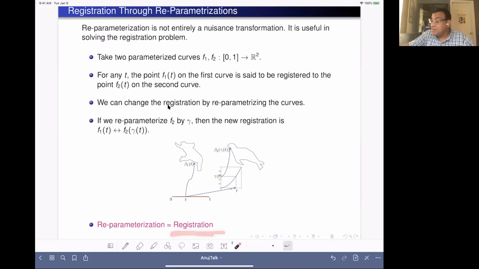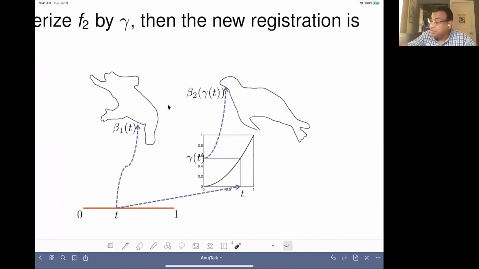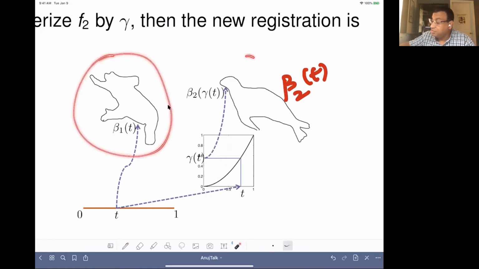Okay. So suppose I had two curves, beta 1 of t and beta 2 of t. So I have these two curves, beta 1 and beta 2.